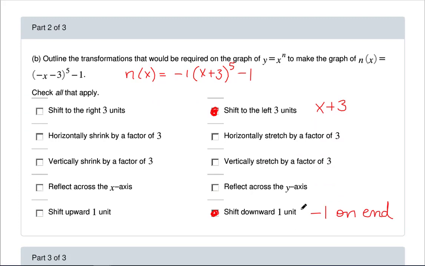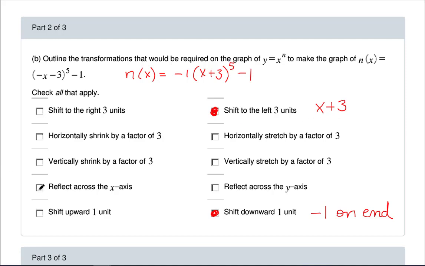All right, so what happened to our friend here? Well, let's see. There's no stretching or shrinking because it's a 1. It did go down by 1. It did get shifted left by 3.